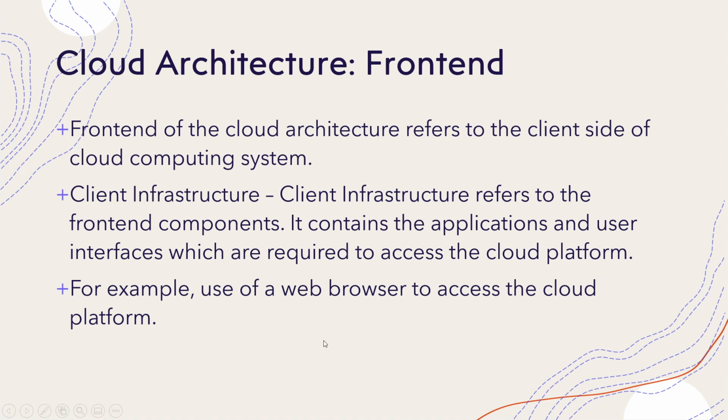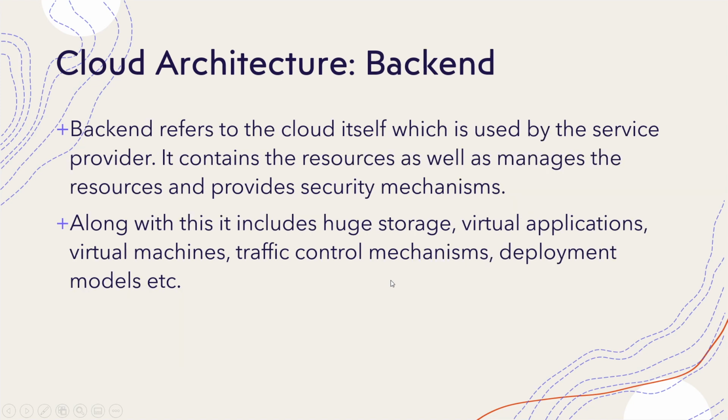For example, if you use a web browser to access the Amazon web page, then your web browser becomes your client infrastructure. The system on which you are using your web browser also becomes client infrastructure. The homepage for that particular Amazon website becomes your front end, which basically connects to the backend itself. So this is an example of front end.